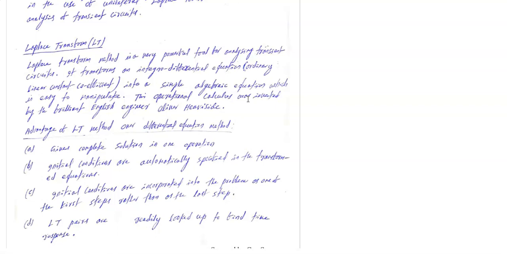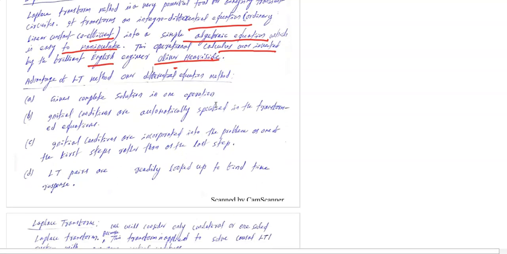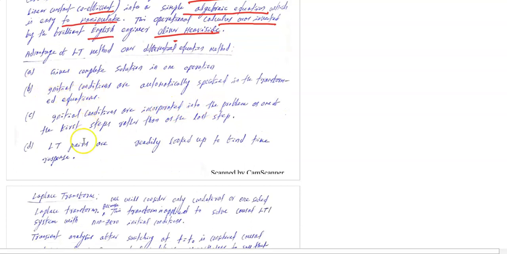It transforms integro-differential equations, ordinary linear constant-coefficient, into simple algebraic equations, which are easy to manipulate. This operational calculus was invented by the brilliant English engineer Oliver Heaviside. You might have heard of Heaviside expansions, that is partial fractions.